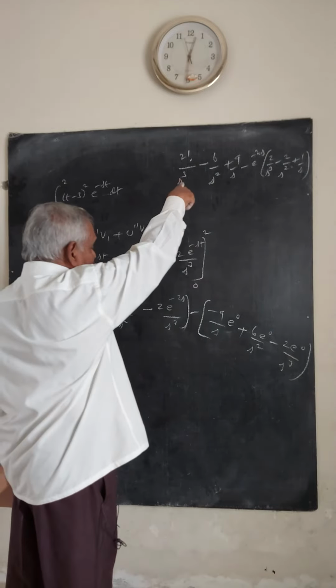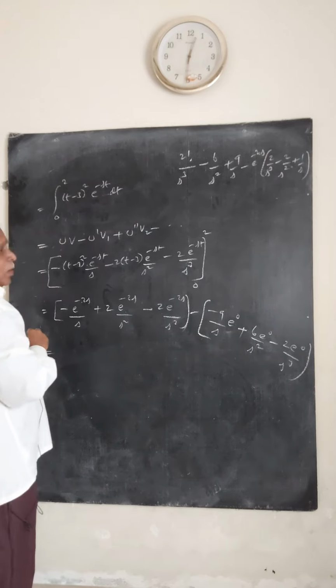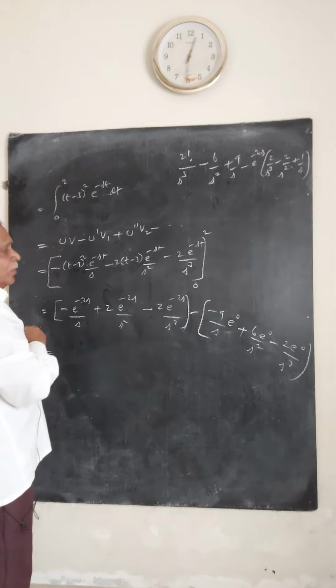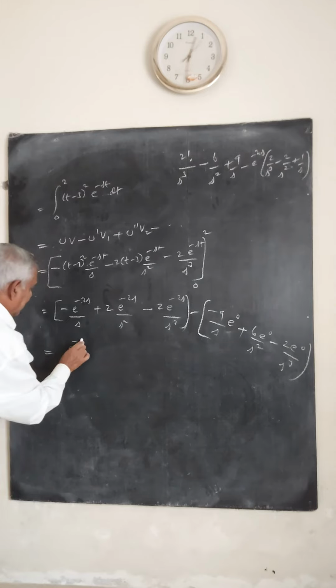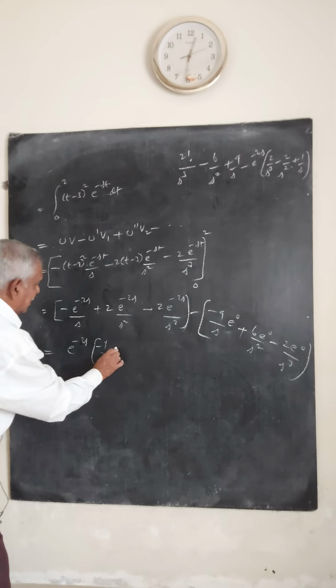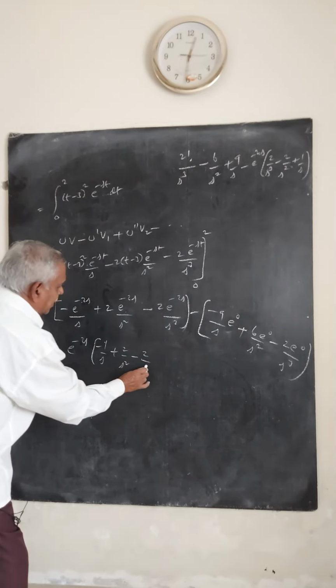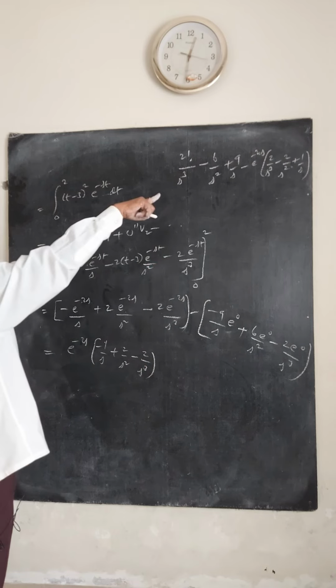We can see this answer in the form we did already in the unit step function. Shortly writing, e power minus 2s times (minus 1 by s plus 2 by s square minus 2 by s cubed) is the answer.